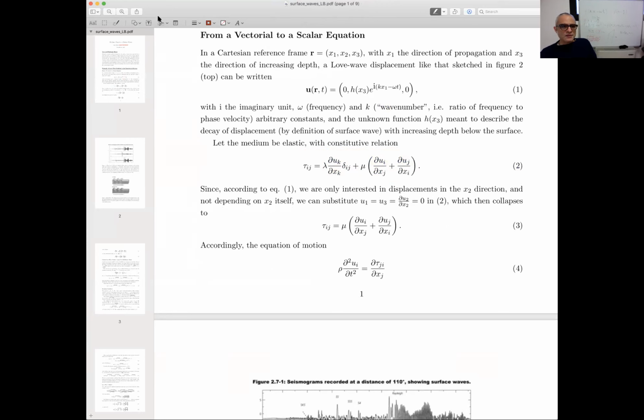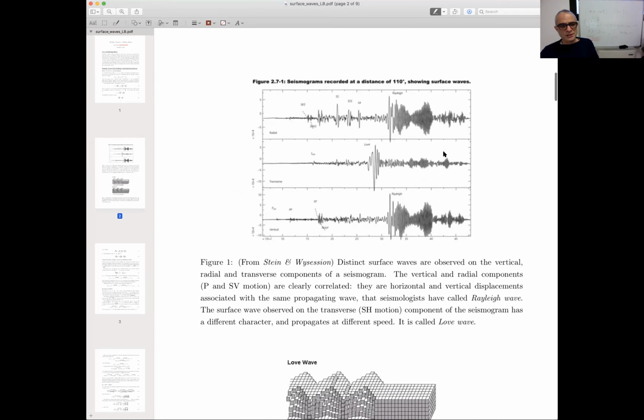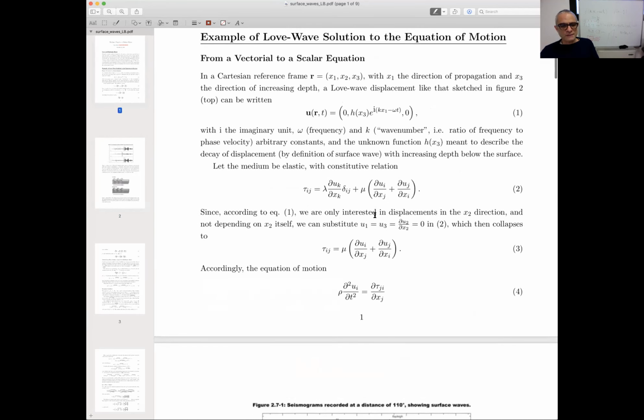But then, and here is where I'm going to go a bit quicker, since we are considering a particular phenomenon that we know from the data should exist, and it only involves motion in the x2 direction and not depending on x2 itself, if you substitute expression 1 into expression 2, a lot of these derivatives will be 0, because some of the components of u are always 0, and because the second component doesn't depend on the second coordinate.